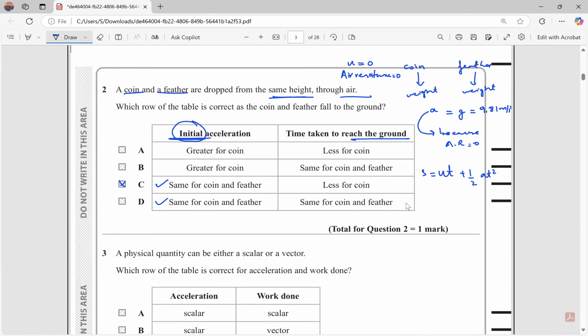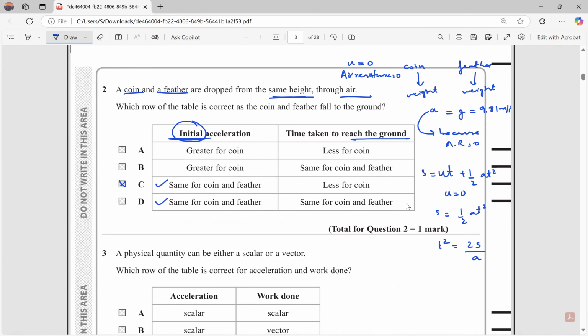SUVAT equation. Initial speed was zero, so we are left with this thing. If you rearrange it, you get t squared is equal to 2 times s over a. Over here, this a is not the initial acceleration because now we are studying the time taken to reach the ground.